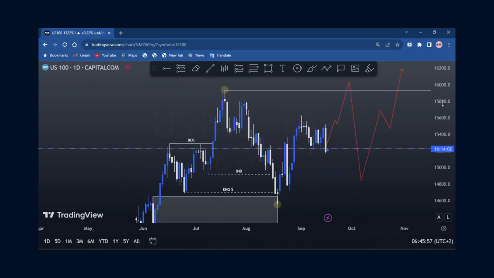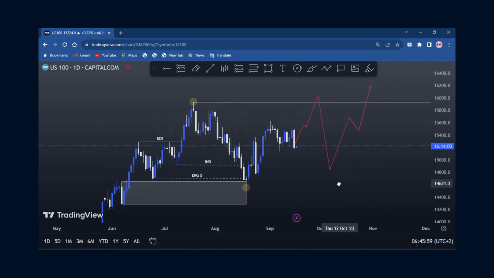So this is the importance of going to the higher time frame, because now it gives you a perspective on what to expect from the market in the next coming days or weeks.